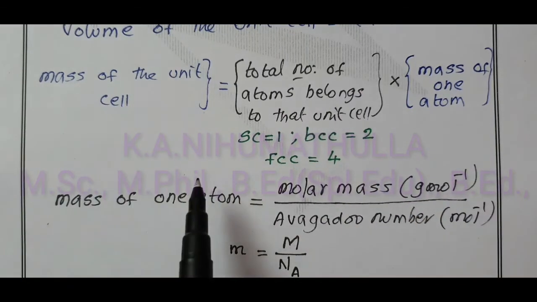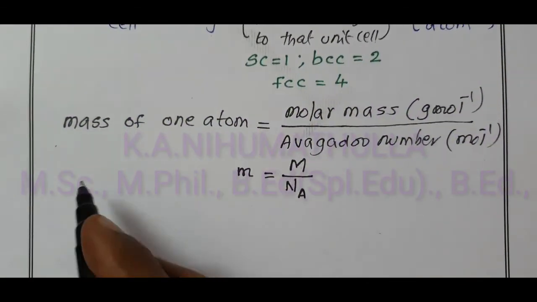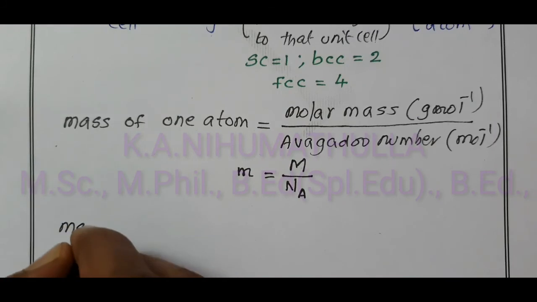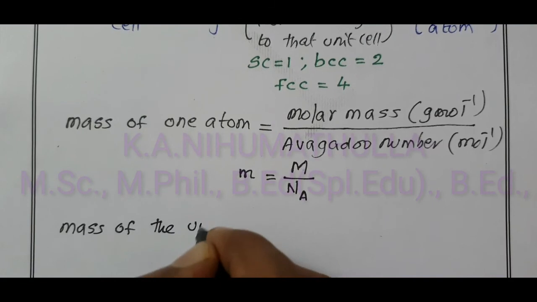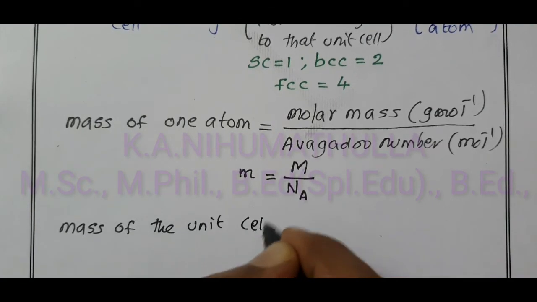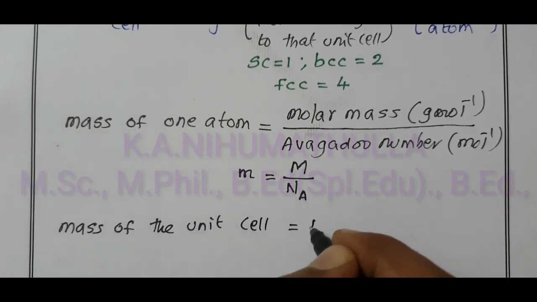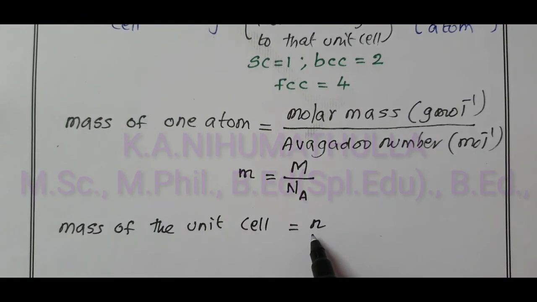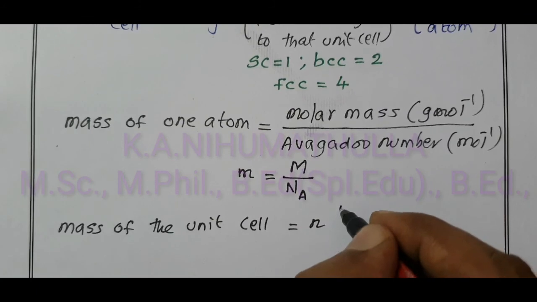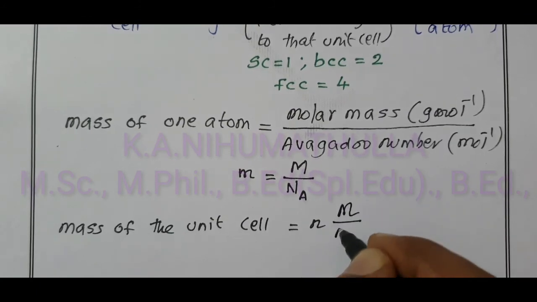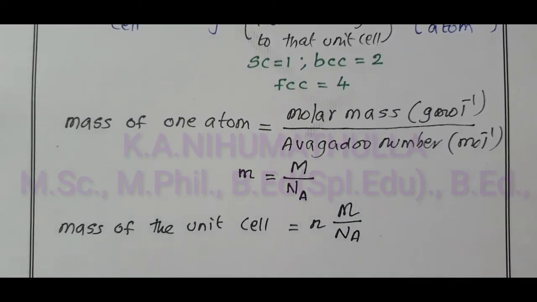The numerator value, mass of the unit cell, is nothing but small n, the total number of atoms belonging to that unit cell, and mass of one atom, capital M divided by Avogadro number Na.